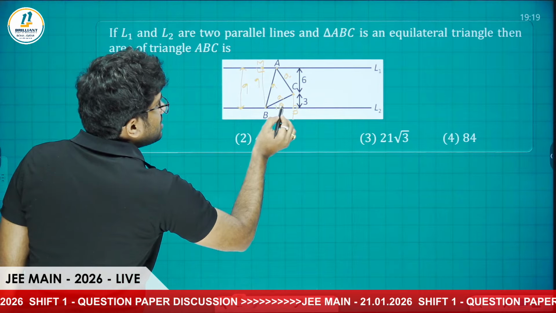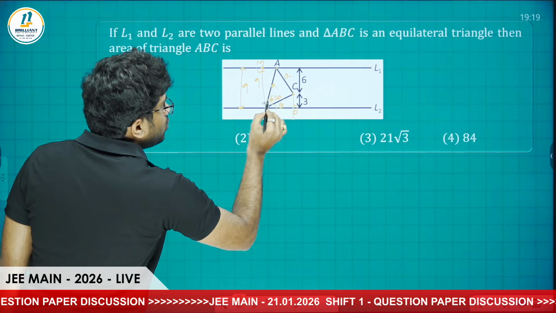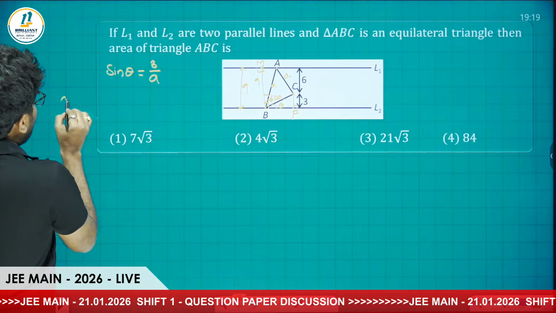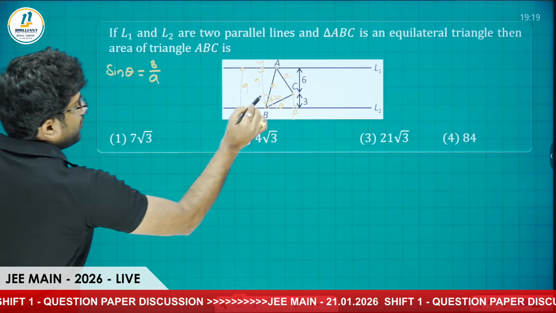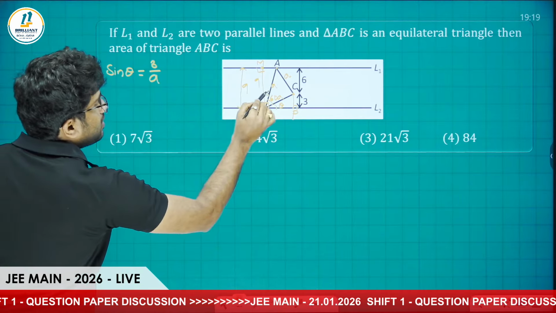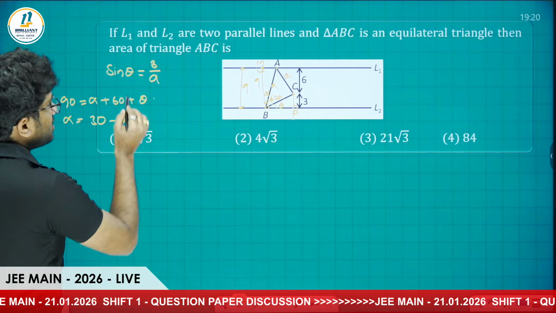As well as, if this is theta and this is 60 degrees, the total is 90. So let's say this is some alpha. So alpha plus 60 plus theta is 90, so alpha is equal to 90 minus 60, that is 30 minus theta.